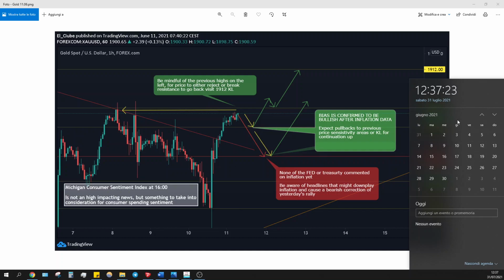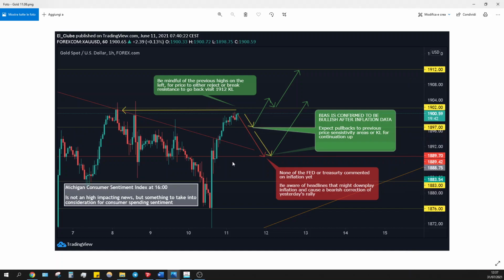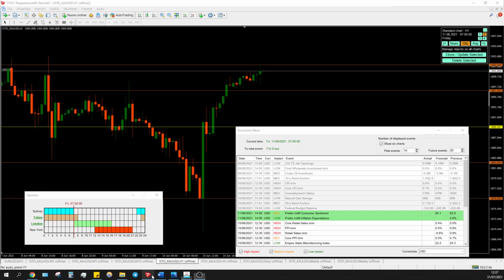Because of what happened yesterday, Friday 30th of July. We had the previous day higher inflation data that you can see from here. We had the CPI data coming up 0.2 higher than expected, and even more unemployment claims.